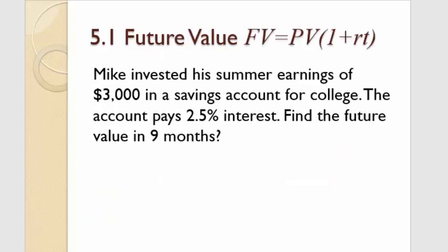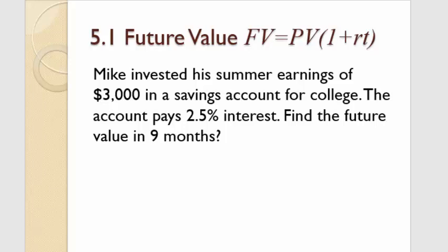The next thing we're going to look at is the future value. So if we have an investment, which is represented by PV, then we can use that investment and the rate and the time to calculate what the amount will be worth in the future. So in the question, Mike invested his summer earnings of $3,000 in a savings account for college. The account pays 2.5% interest.